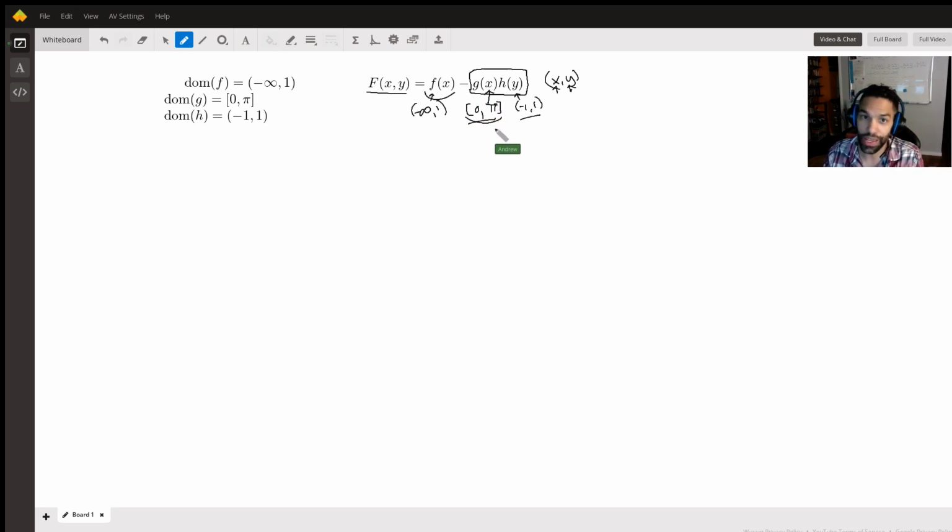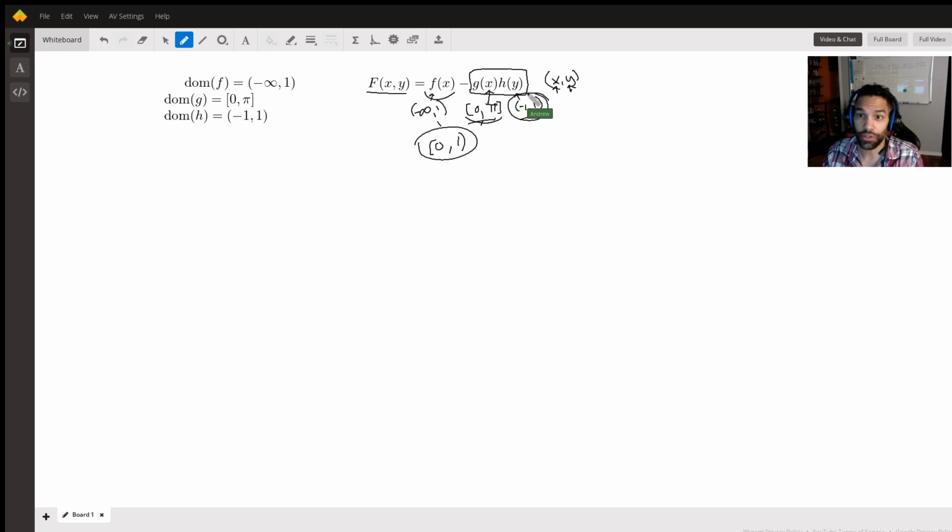In other words, it has to be the intersection of those two domains. So the intersection of these two intervals is going to be 0, and pi is larger than 1, so this is going to end at 1, non-inclusive. That actually is it. So we've actually limited x and y here.